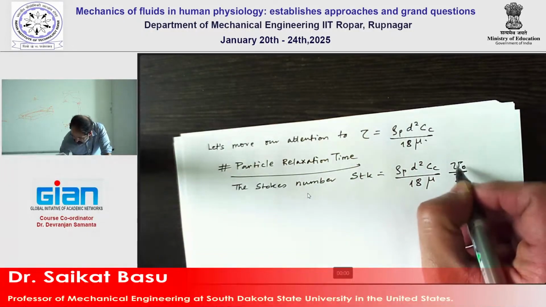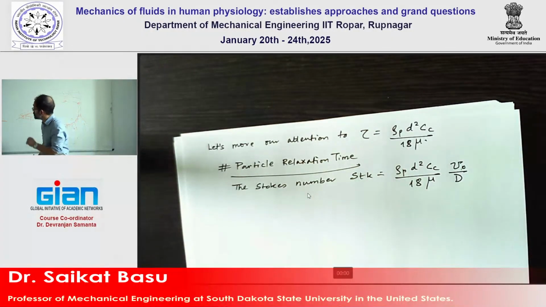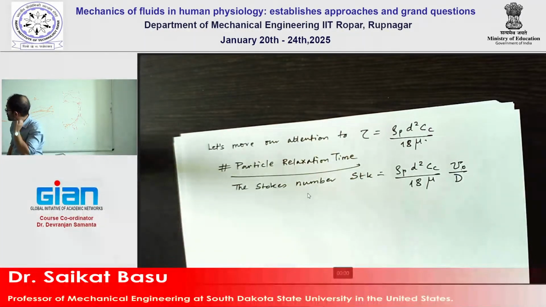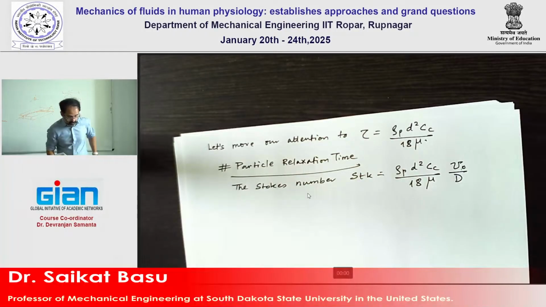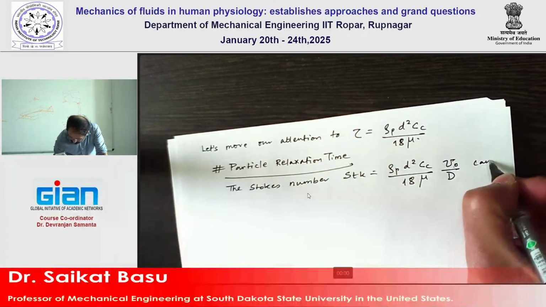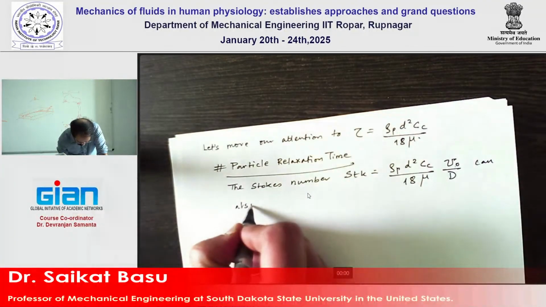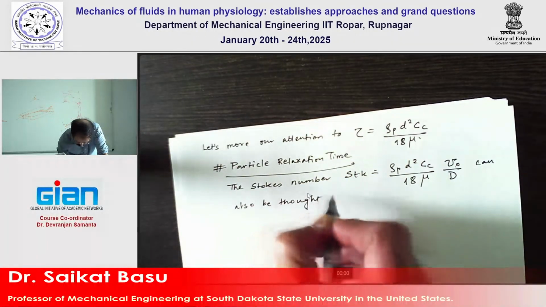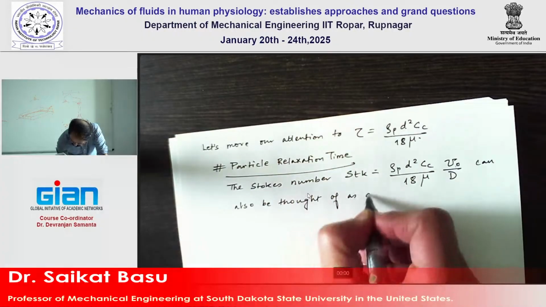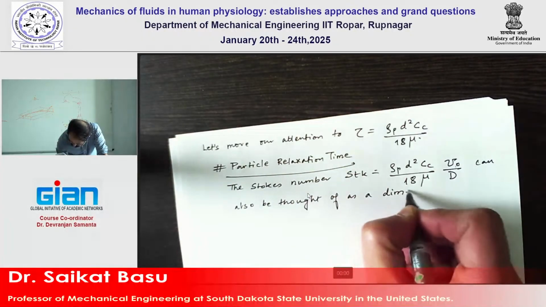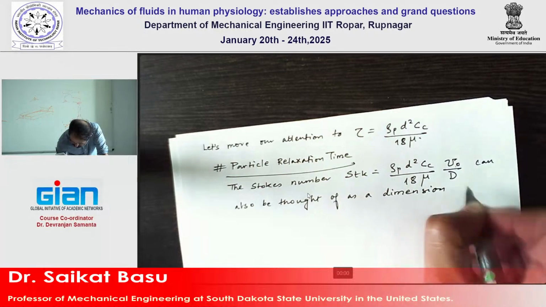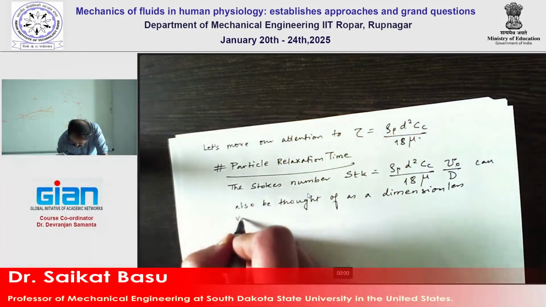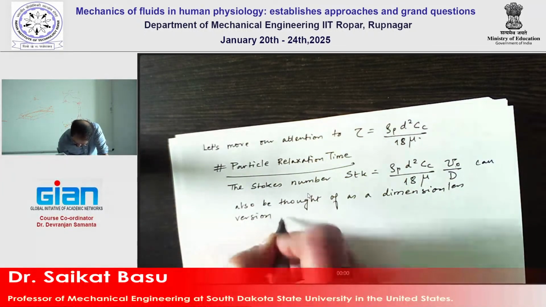So if you take u naught down below, so 1 over d over u naught, that is that balancing time factor, it can also be thought of as a dimensionless version of the particle relaxation time.